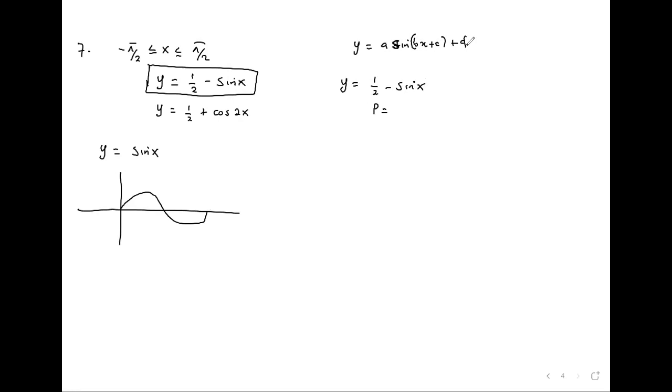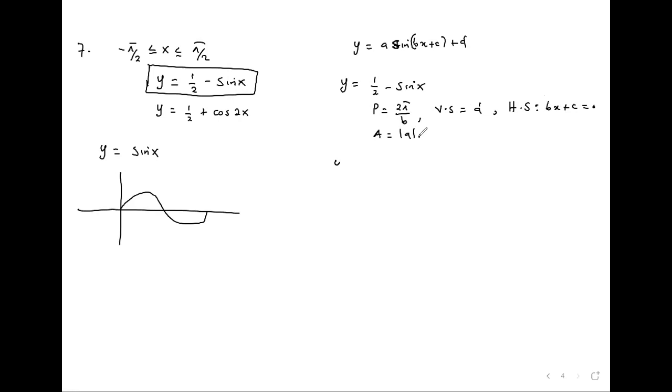From there, we say the period is 2 pi over b, and the vertical shift is d, the horizontal shift is calculated by saying bx plus c is 0, and then for the amplitude, we get the modulus of the coefficient.